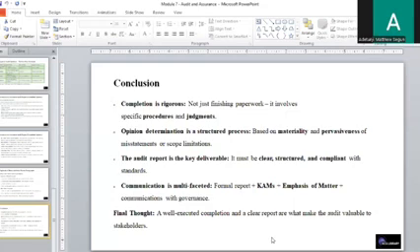And lastly, communication is multifaceted: formal reports plus KAMs plus emphasis of matter plus communication with governance is very, very important. A well-executed completion and a clear report are what make the audit valuable to stakeholders.